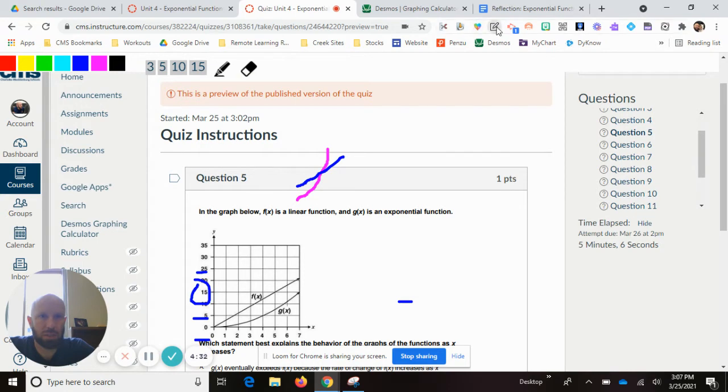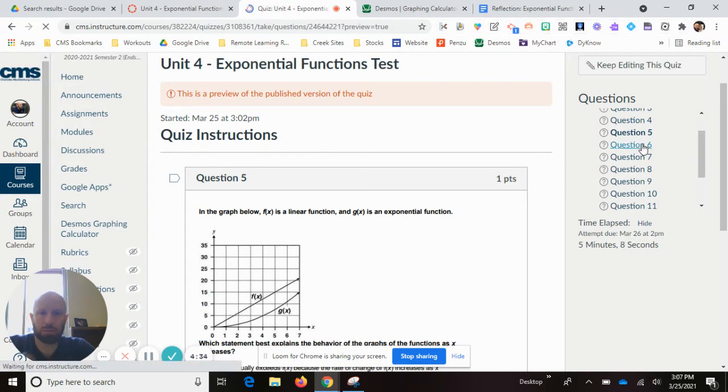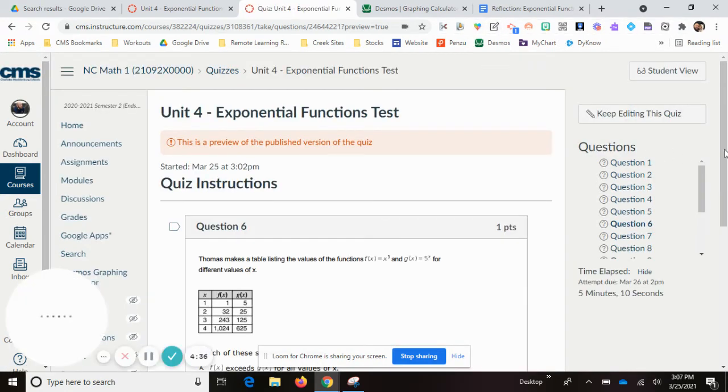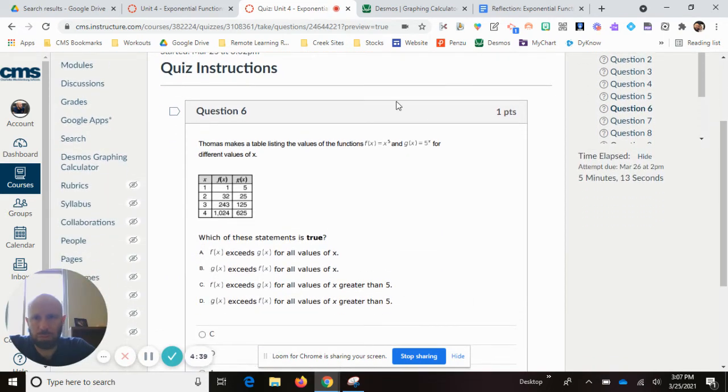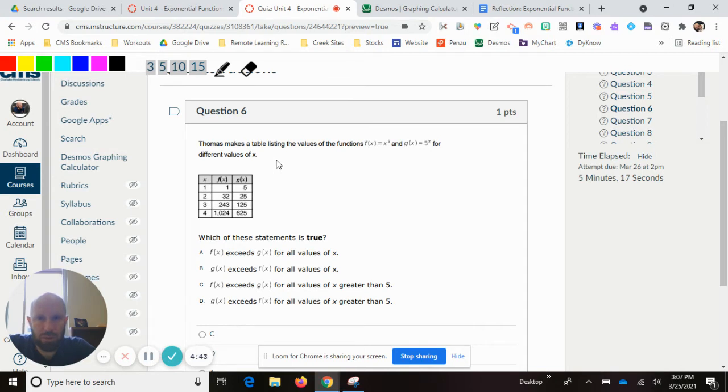Question 6. This one we really have to look at. We have 2 different functions, f of x and g of x. f of x is x to the 5th, that's this one. g of x is 5 to the x, that's this one. f of x is going to exceed for all values.